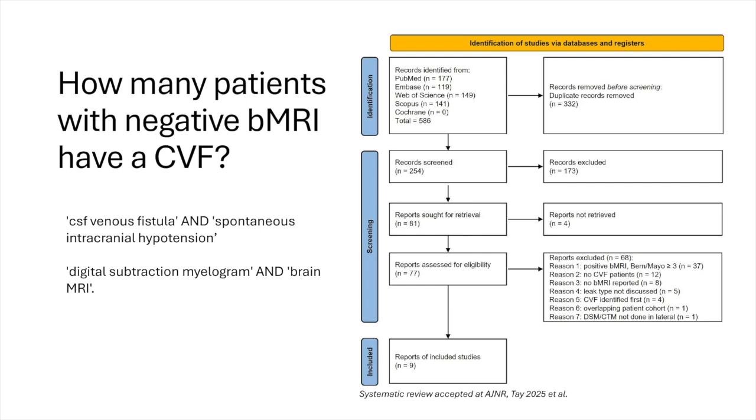After the exclusion criteria, we took out 37 papers for positive brain MRIs or an intermediate or high probability on Bern or Mayo scores, or if there were no CSF venous fistula patients, or if no brain MRI was reported, or if no leak type was discussed, or if the CSF venous fistula was identified first before they looked at the brain MRIs, or if there were overlapping patient cohorts, or the DSM or dynamic CTM was not done in lateral position, so considered not to have the gold standard imaging. And we resulted with 9 papers.